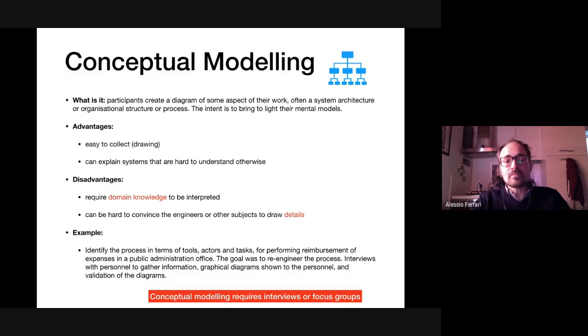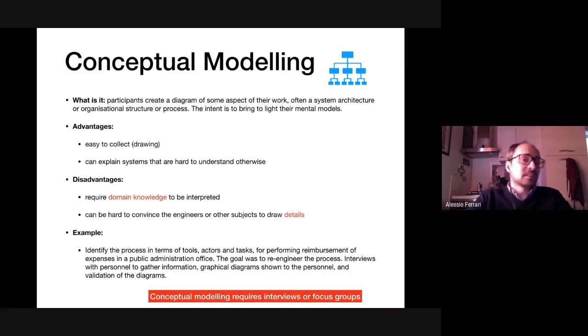The advantage is that they are easy to collect, because you just need paper and pen, and you can collect the information. Collecting graphical data and expressing yourself through diagrams, as you know, as software developers and engineers, can help you to express things that cannot be said in words.